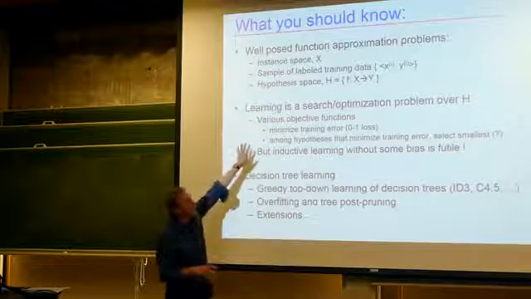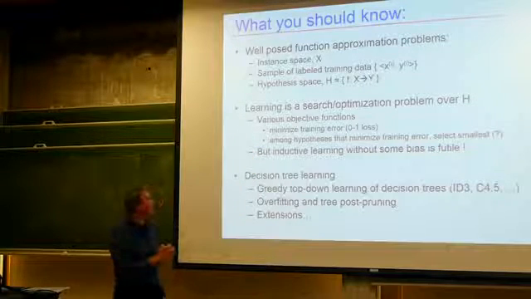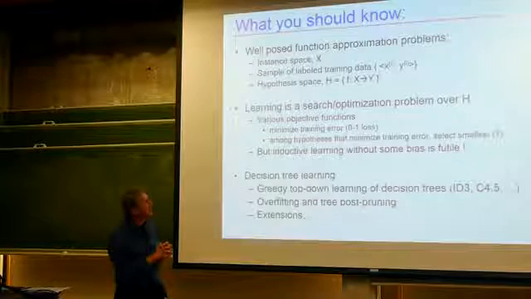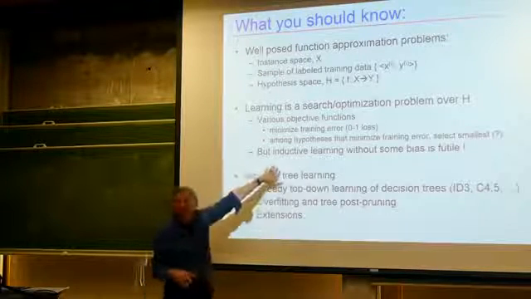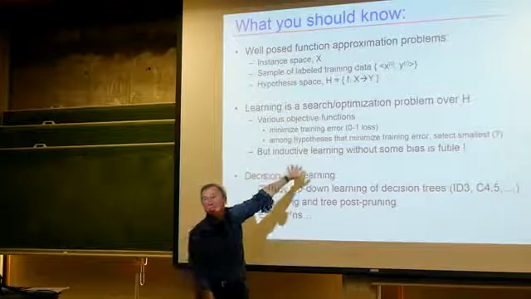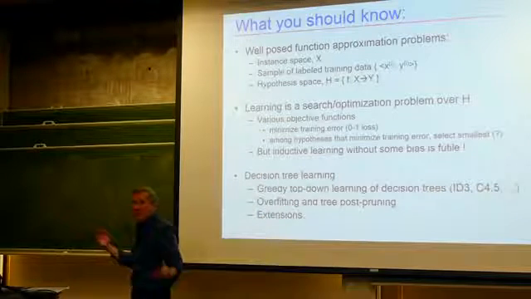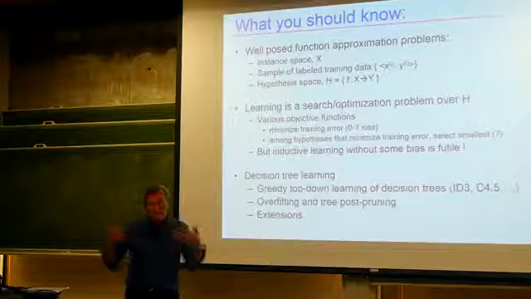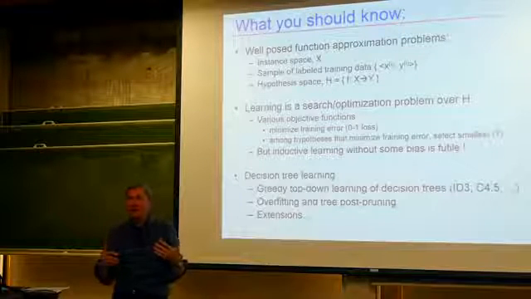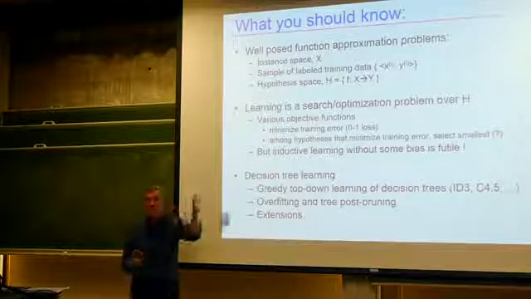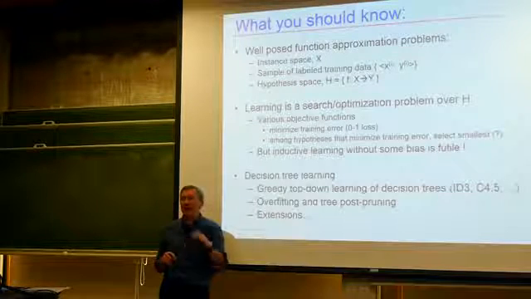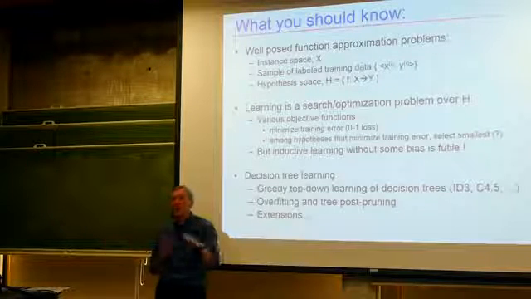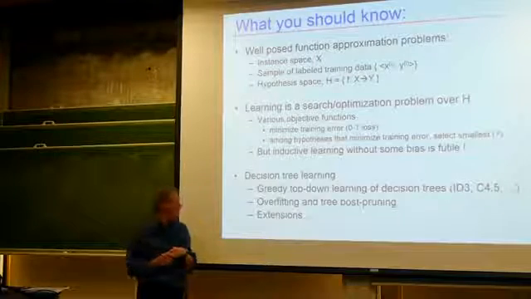There are lots of different objective functions we'll be talking about that get optimized. There is no free lunch: you can't really do inductive learning without some additional assumption beyond the information in the training examples. In the case of decision trees, we rely heavily on the assumption that smaller trees are preferred over big trees.